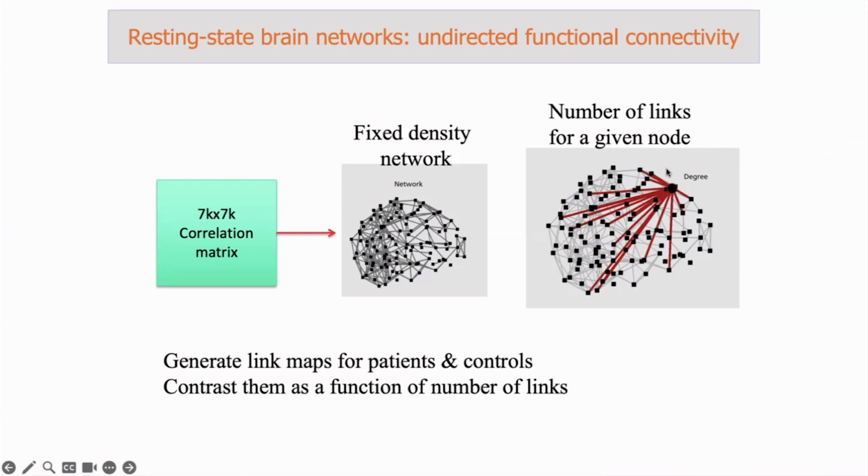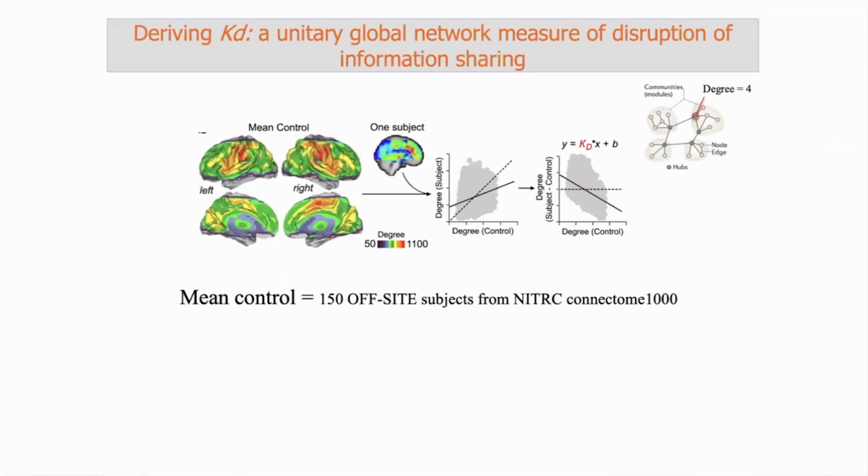We call this degree, and we simply measure that for every region of the brain. And if we do this, we end up with, in healthy subjects, a map like this. Now this map is showing what brain areas are talking most to other brain areas. Then we can compare any given chronic pain patient's map of what brain areas are talking with each other to the healthy subjects, and then we can identify the distortion between them.